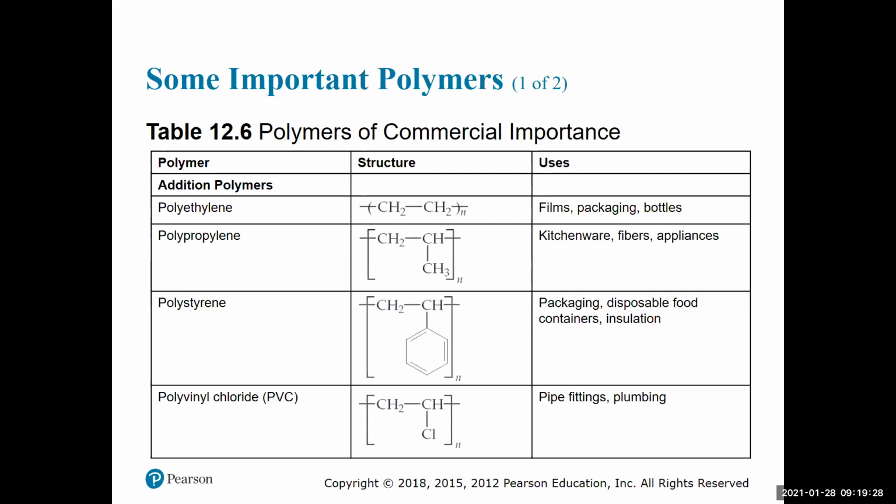Okay? And then in the brackets, on the one on the bottom, the PVC, we see the CH2 and the CH, and we see a bond go through the brackets. That's telling us that's where it would attach.